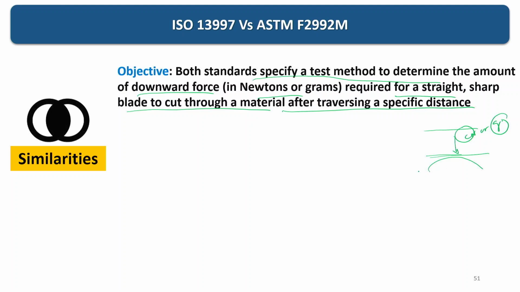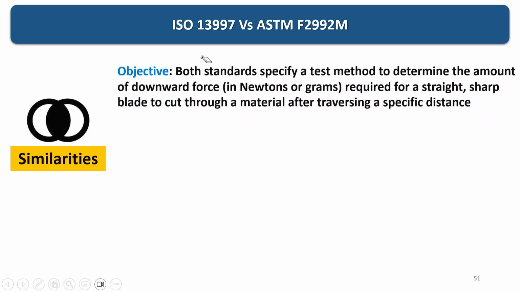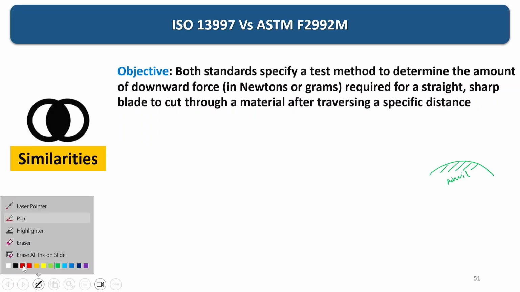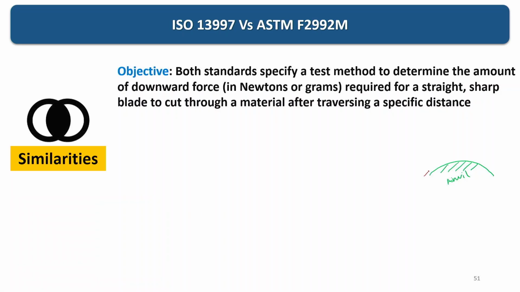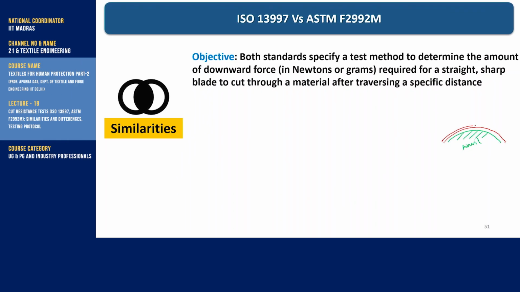Let me explain. Suppose this is an anvil where the cut protective specimen is placed. This is the fabric.